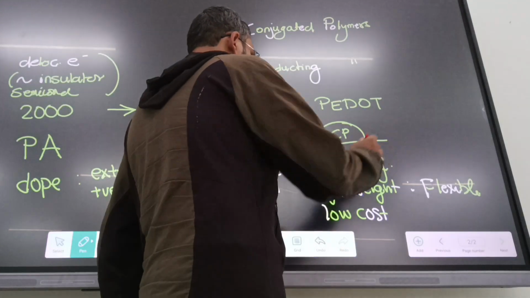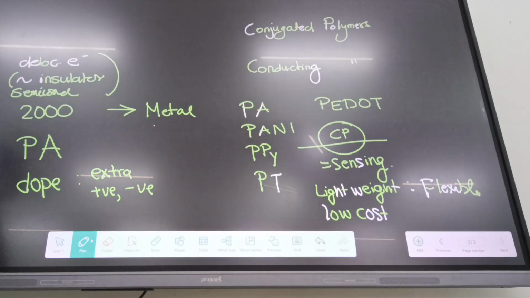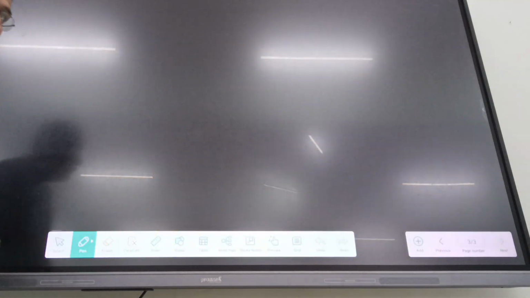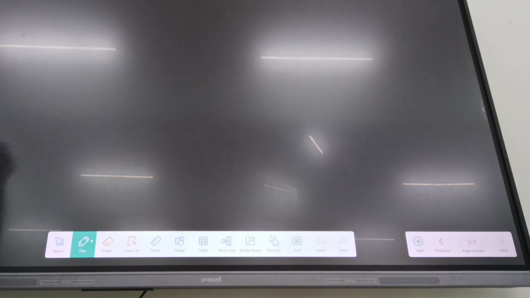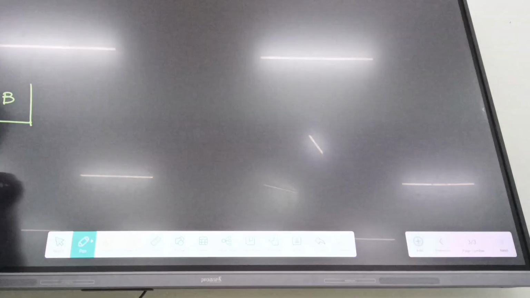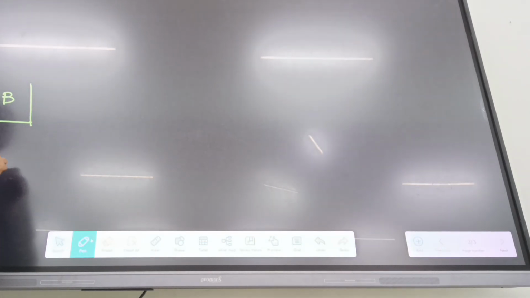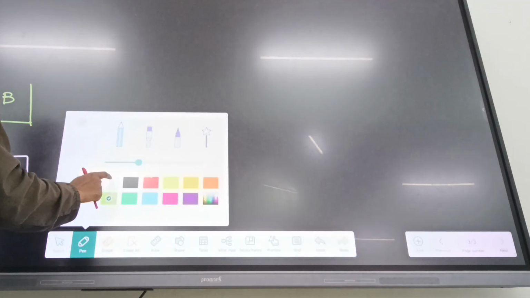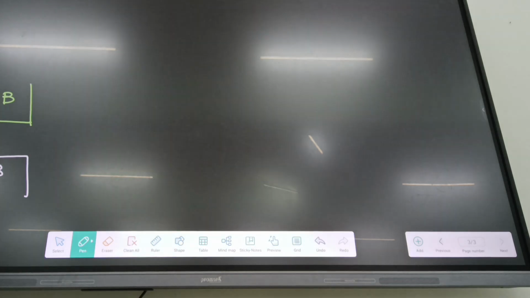Okay, so what makes the polymer conduct? We will try to understand that. For this, first of all we need to compare it with a semiconductor. A semiconductor has a conduction band and a valence band, in the undoped state, and in between is an energy level called the Fermi energy.